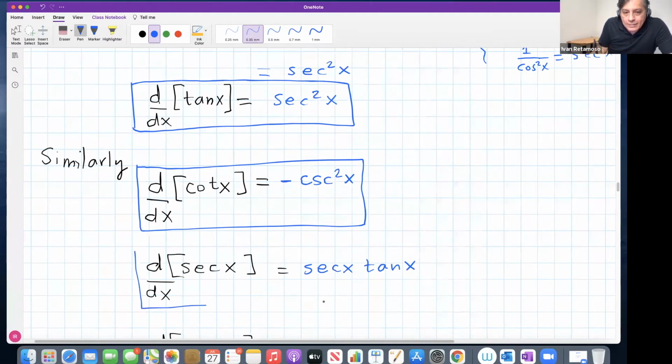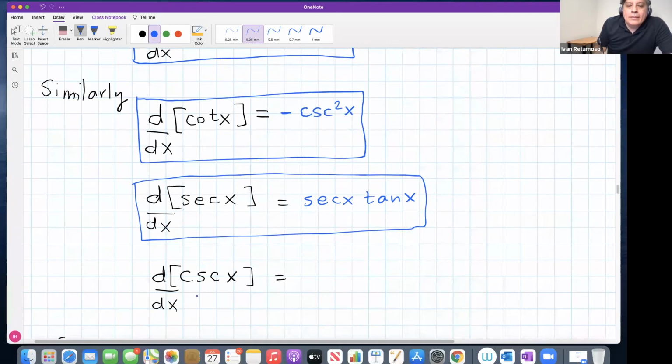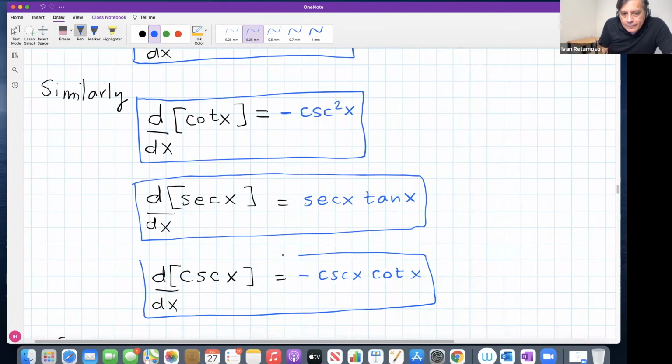So this is the other result that you should remember. And finally, mathematicians have shown that the derivative of cosecant of x is equal to minus cosecant of x multiplied by cotangent of x. That's the last result. So 6 results that we should remember.